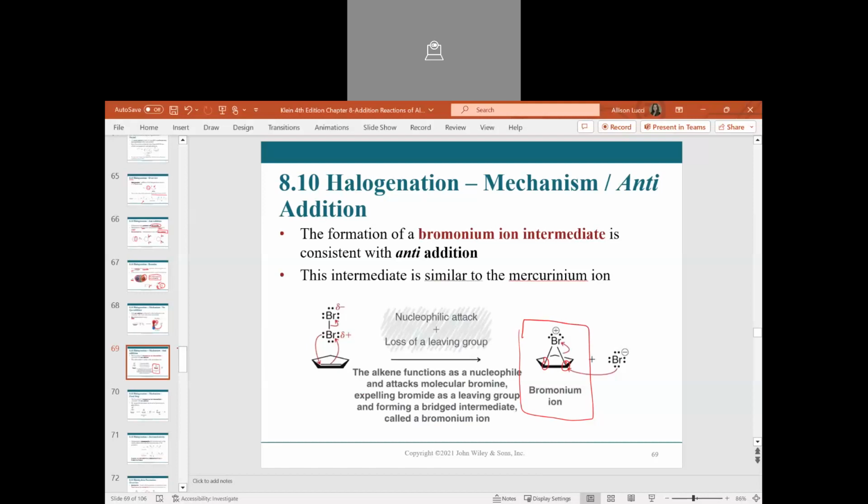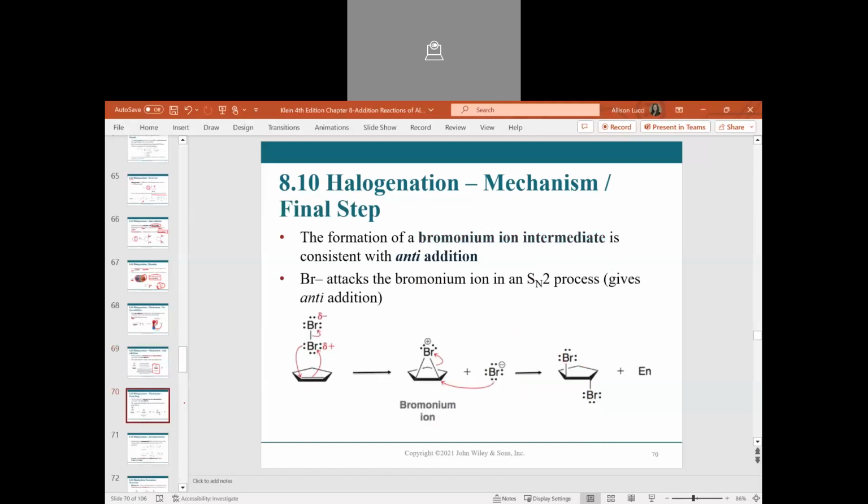So one bromine has added and forms this bromonium ion, and then the other bromine adds to the other side. We can see this attack outlined here. The bromine attack in this SN2 process ends up giving an anti-addition, and of course we would also have the enantiomer.